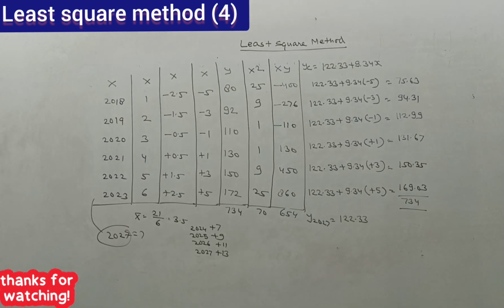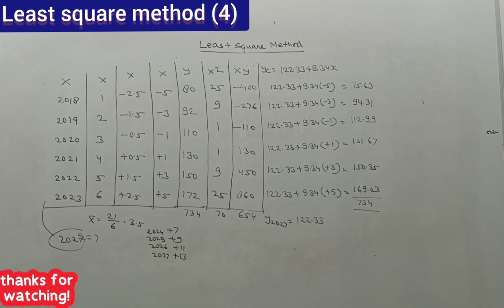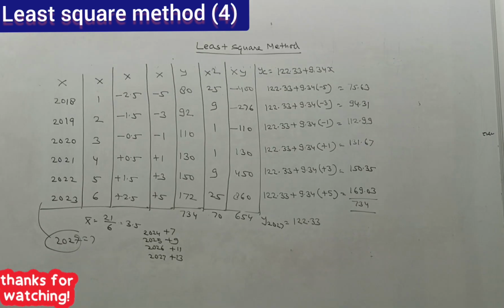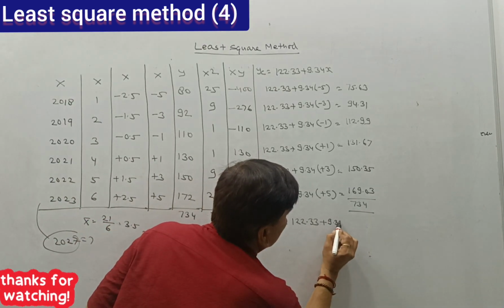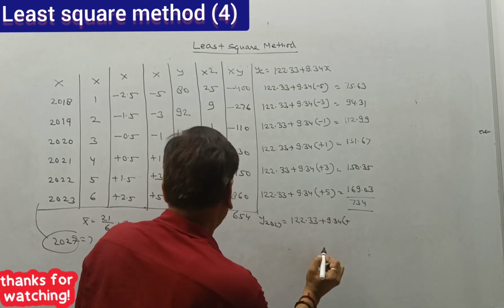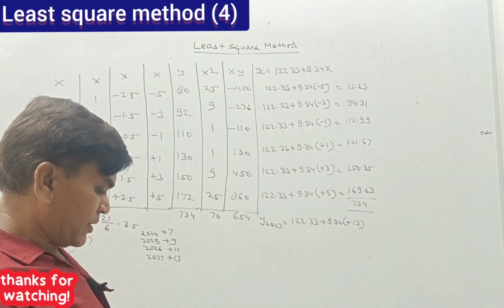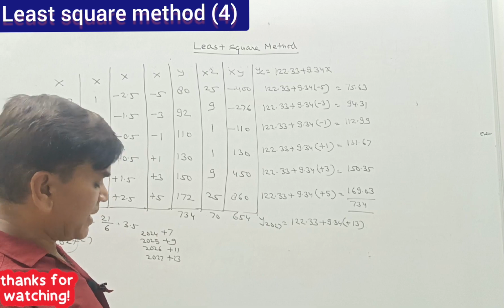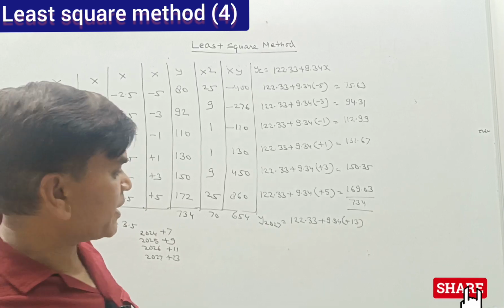You have to keep this in this form. So 9.34 multiplied by plus 13 plus 122.33. So the result will be 243.75.